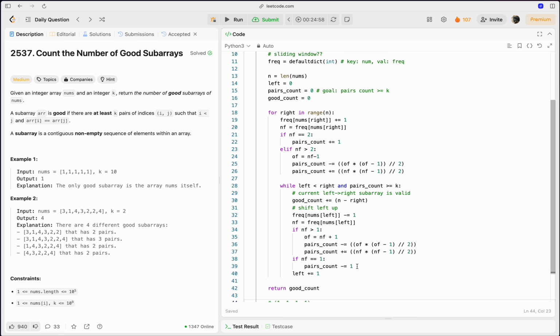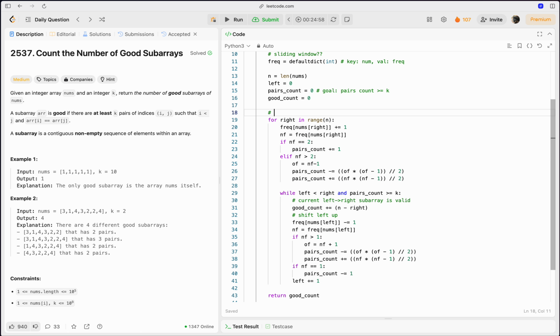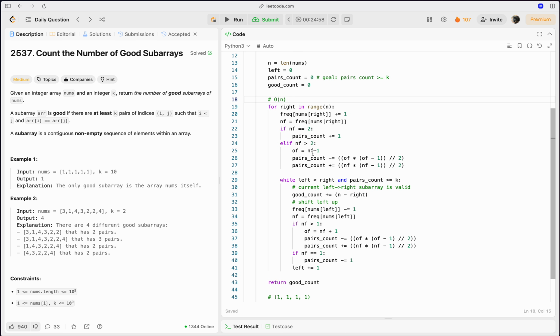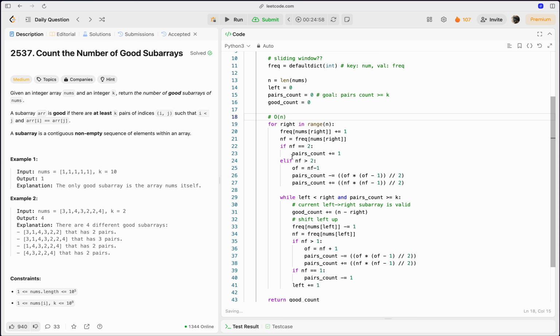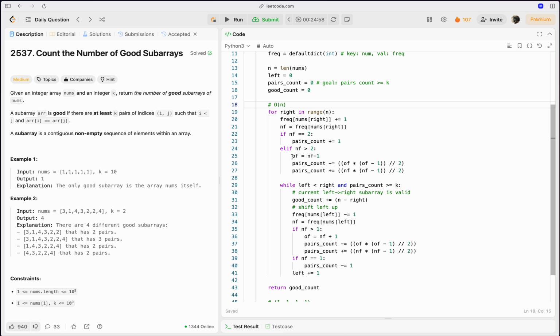Time complexity, let's see. So the for loop, this is O of n for sure. And then it's just two pointers, and this one's slowly going up as well.